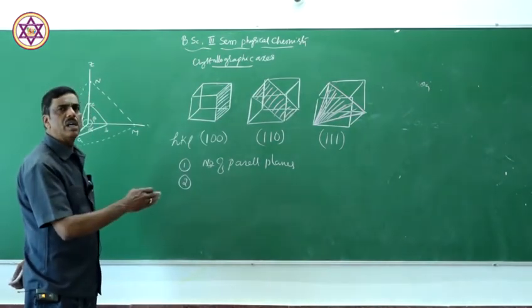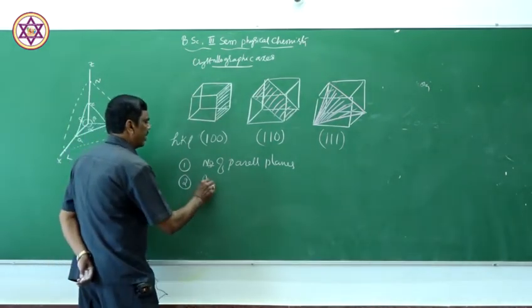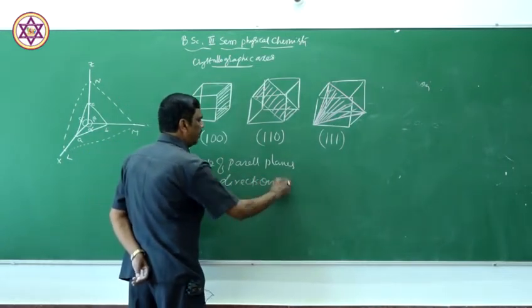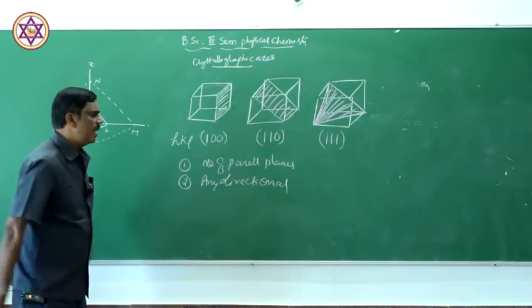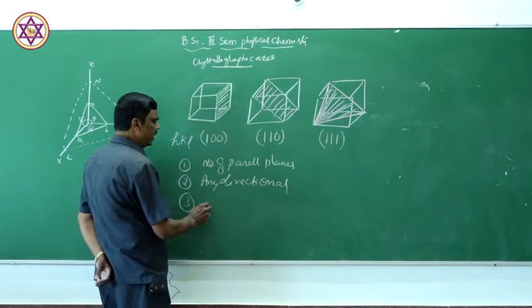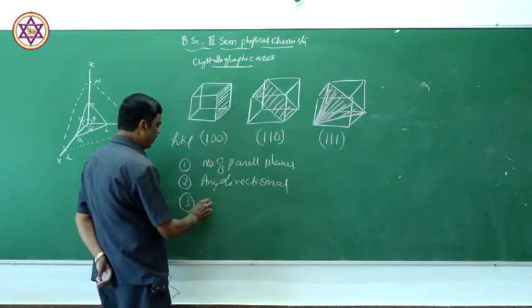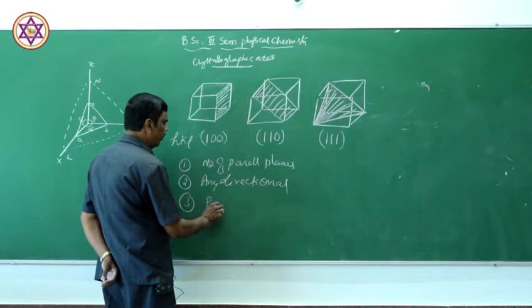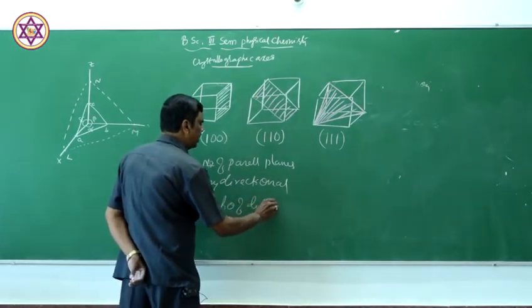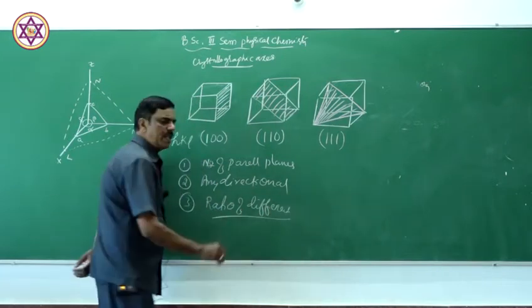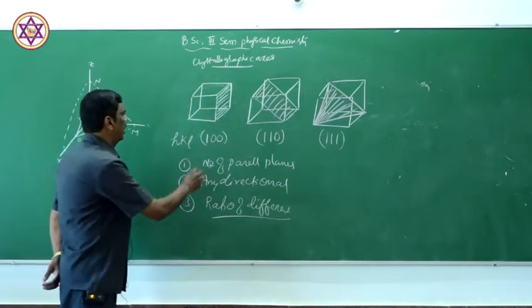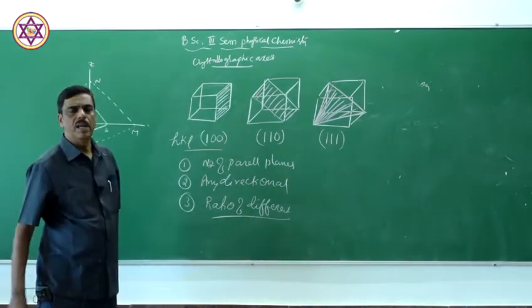Any directional plane can be recognized, and it is very easy to find out the interplanar ratio of the planes. Ratio of different planes can be easily identified. From this, we can find out the crystal shape or geometry of the crystal by using Miller indices.